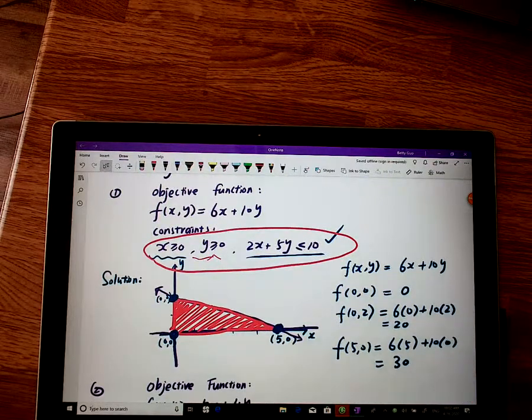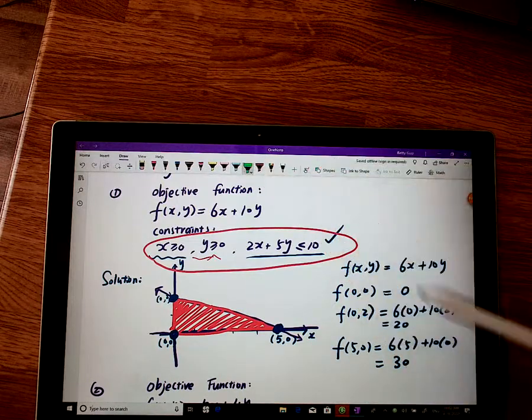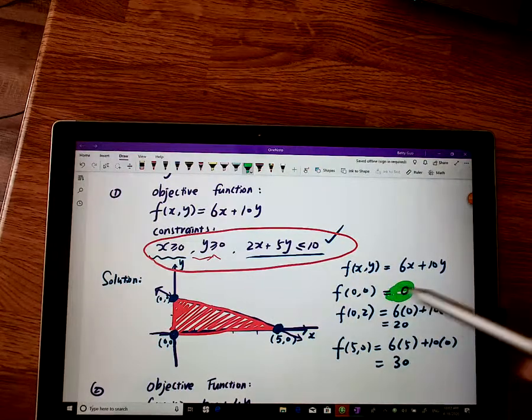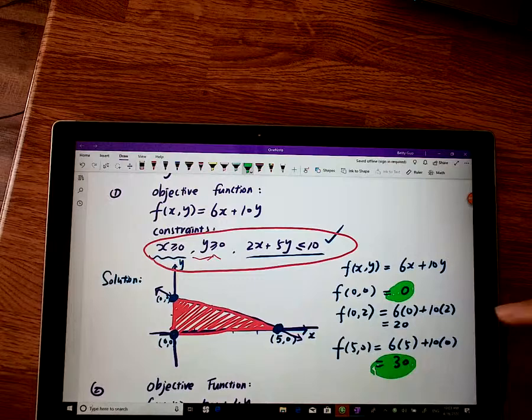By the guideline, the maximum and minimum values of the objective function must occur at the vertices. Which value is the smallest? Of course, 0. And 30 is the biggest. So we can make a conclusion.